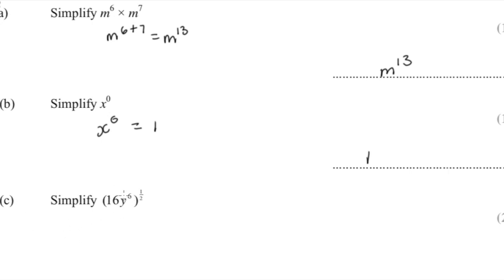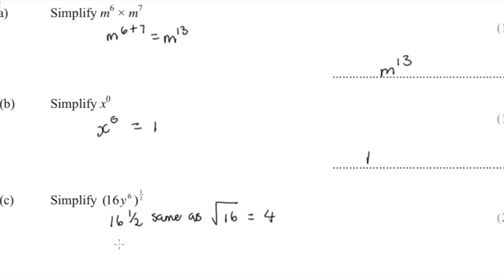And then this one, a little bit challenging. So it says simplify 16y to the power of 6 in brackets to the power of half. So what we'll do is we first do 16 to the power of half, which is the same as the square root of 16, which is equal to 4.